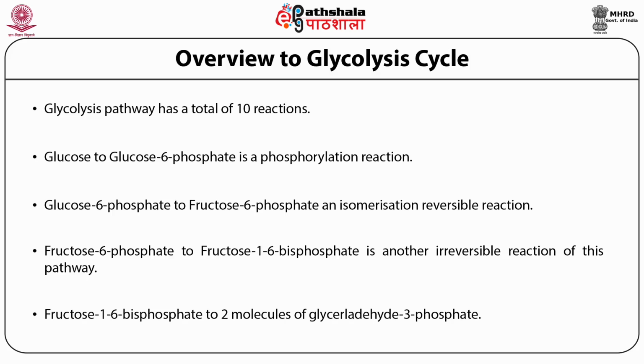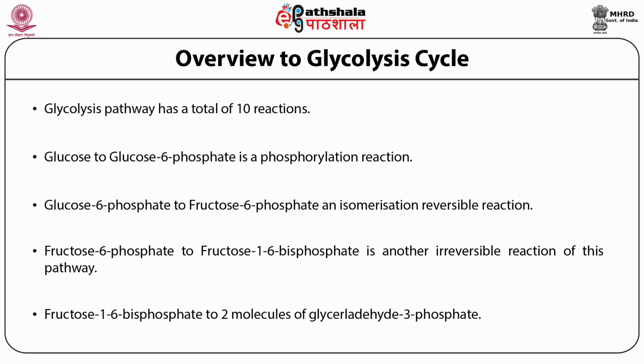Fructose 1,6-bisphosphate to 2 molecules of glyceraldehyde 3-phosphate. Fructose 1,6-bisphosphate actually splits into 2 three-carbon moieties, an aldehyde and a ketone, which results in the formation of dihydroxyacetone phosphate.